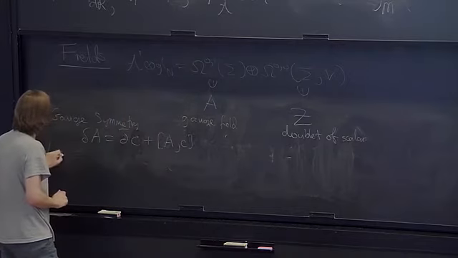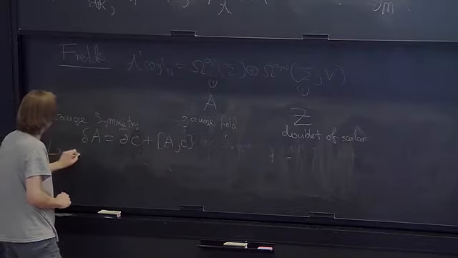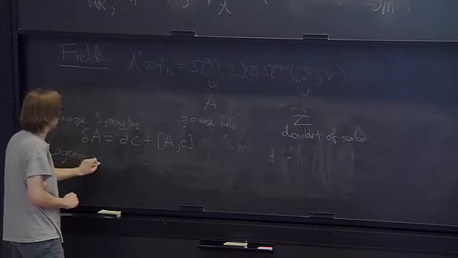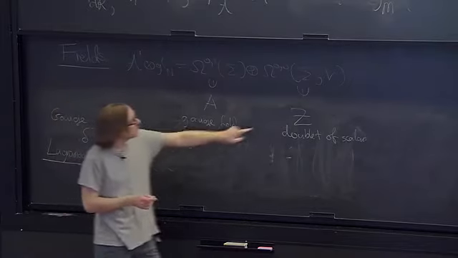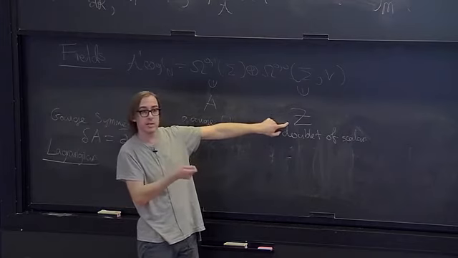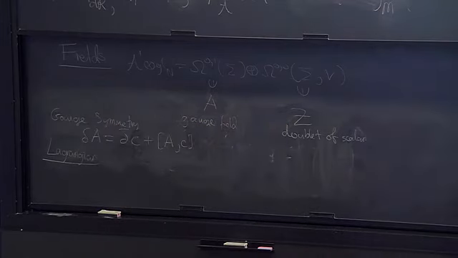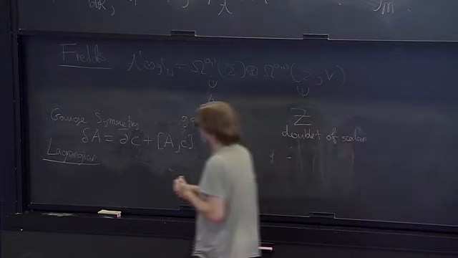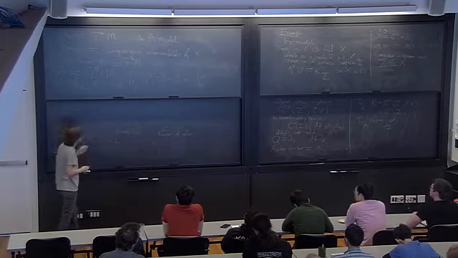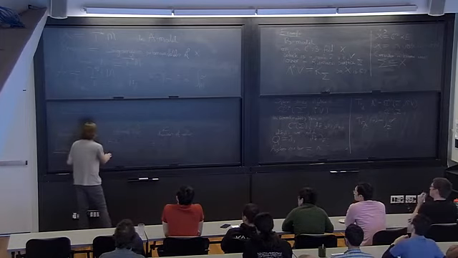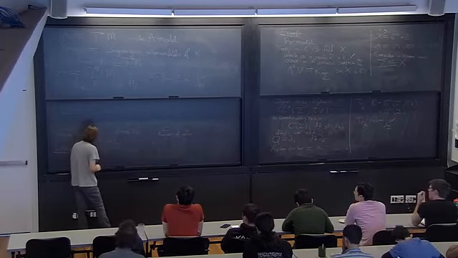And the Lagrangian, well, this guy has two components, and the Lagrangian, this integral map, is obtained by wedging them together. So the Lagrangian looks like this.